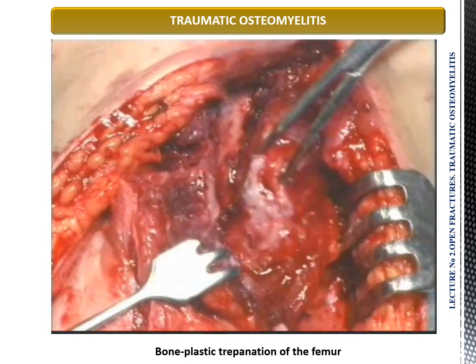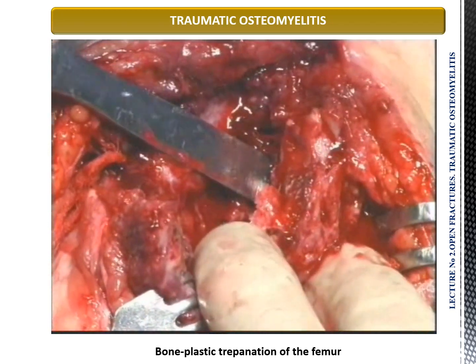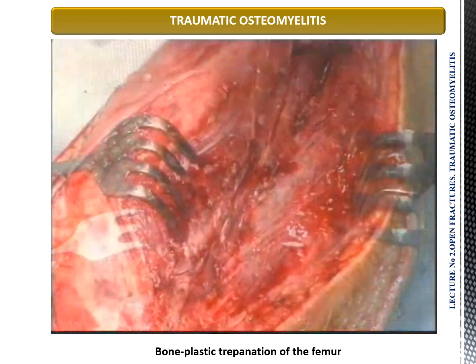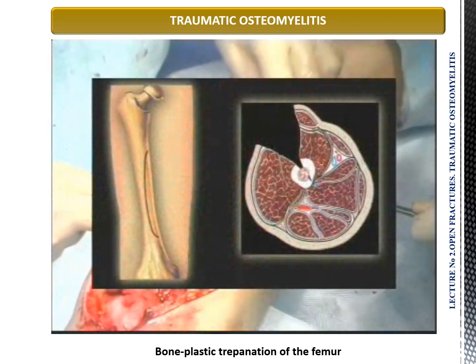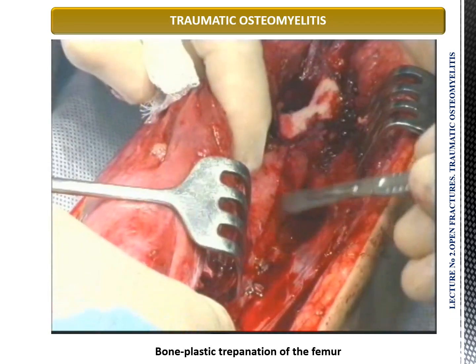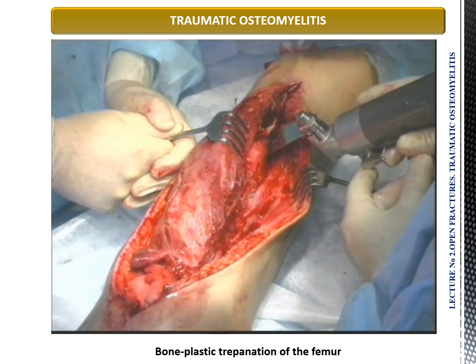Removing sequesters. We create access directly to the bone marrow canal. The scheme of osteoplastic trepanation. We perform a U-shaped osteotomy of the femur.